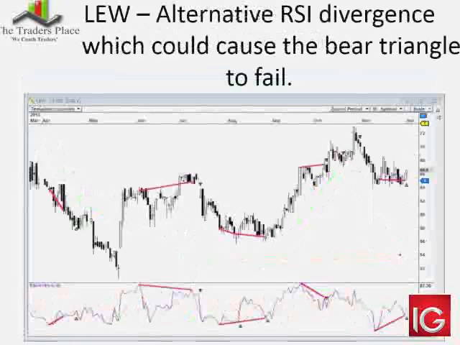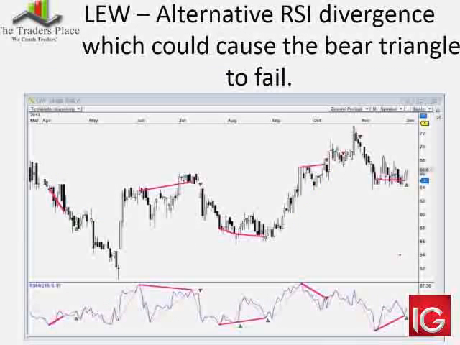The second one is Lewis, and this time it's an alternative RSI divergence. There's also a bearish triangle on the stock. Okay, the expectation is that it's going to go down. The RSI is warning us through divergence that the downward momentum could be over. The confirmation on this one, I would wait for the chart pattern to break and close.